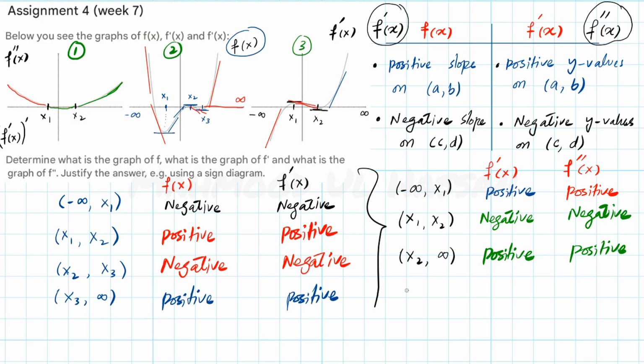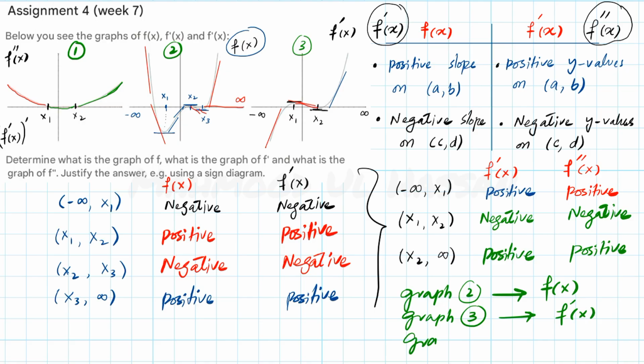So clearly the graph at position 2 represents f of x, the graph at position 3 represents f prime of x, and the graph at position 1 represents f double prime of x. Okay.